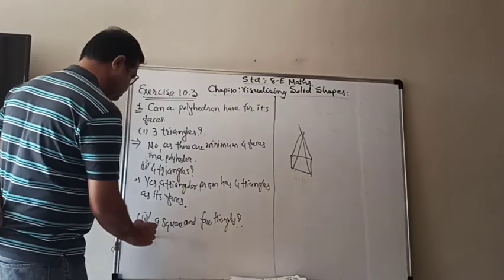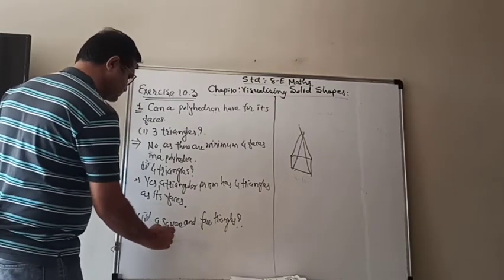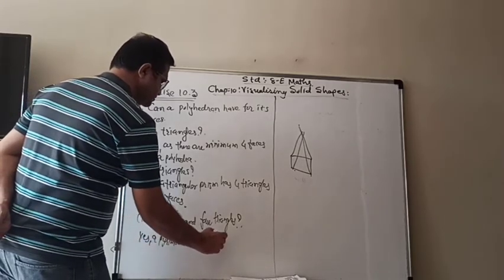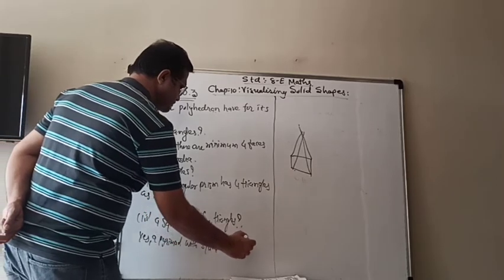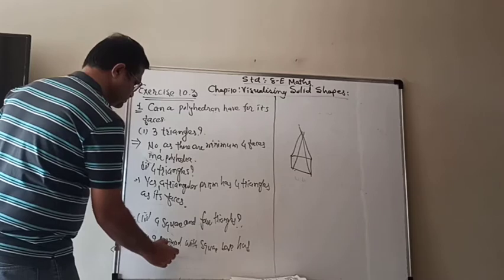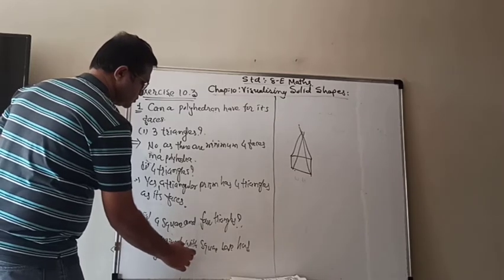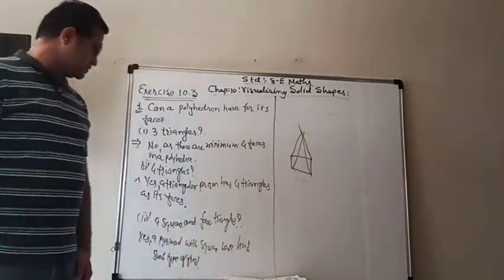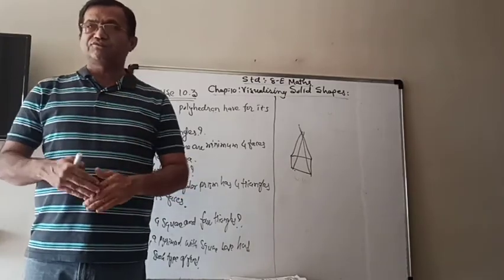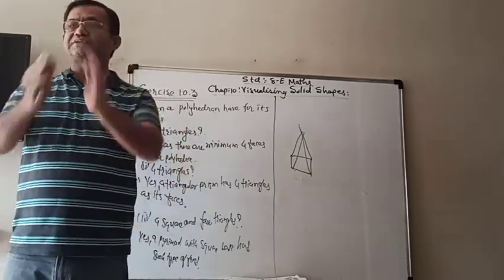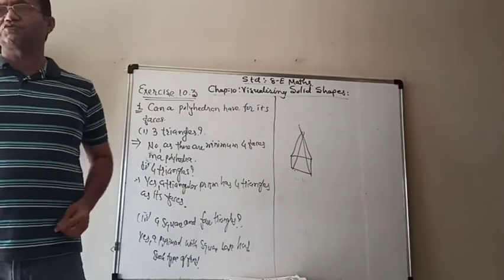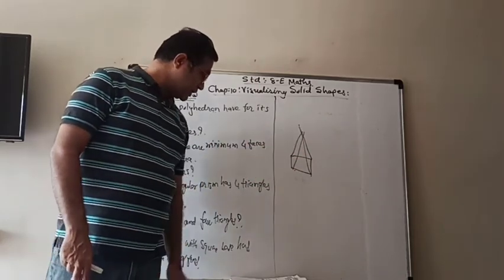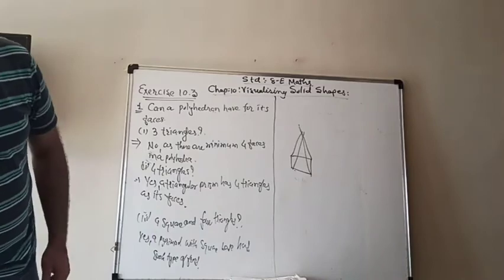So yes, a pyramid with square base has such type of faces. So when it is a square pyramid, means pyramid with square base, then from all the four sides, the four triangular surfaces go up to meet a common vertex. So it has a square and four triangles as its faces. So it is possible also.